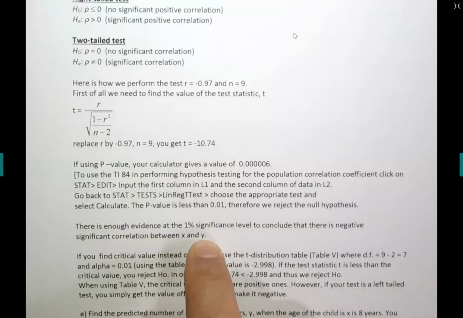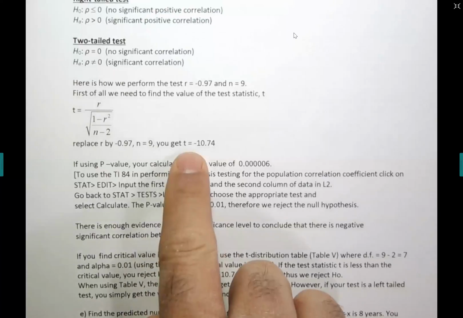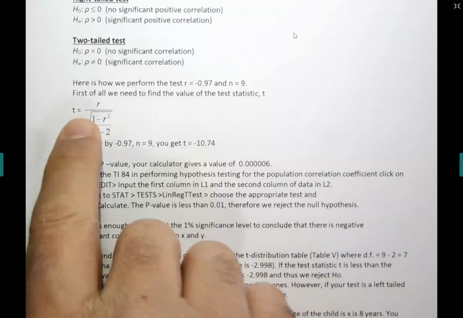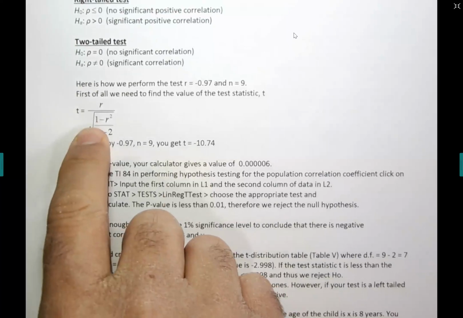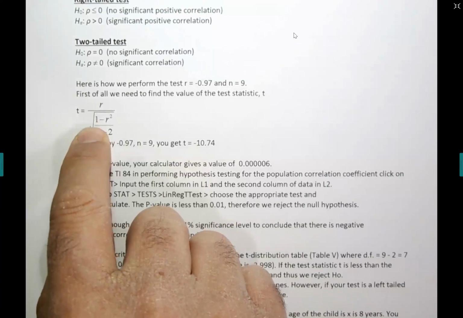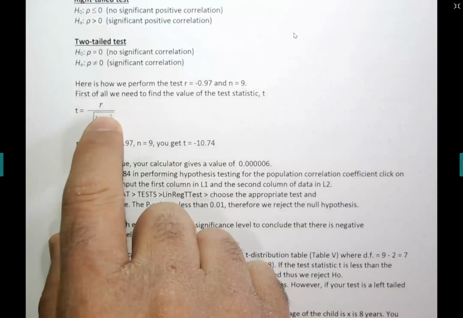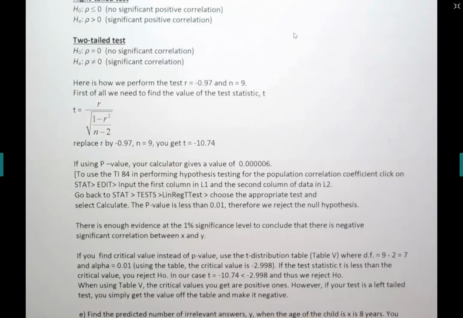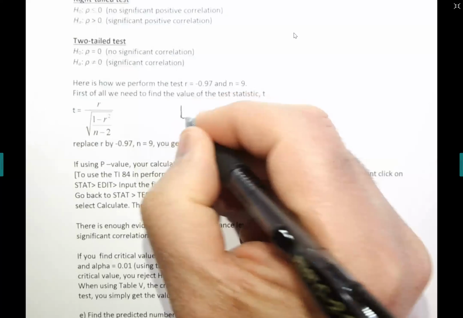Now, the calculator computed the test statistic T. This is the formula for the test statistic. You might come across some problems when you do your homework online asking you to find T. Using this formula, I'm going to show you how T works, and we'll do this together.